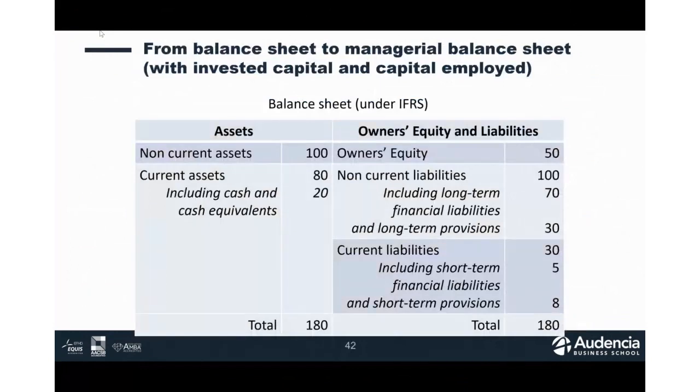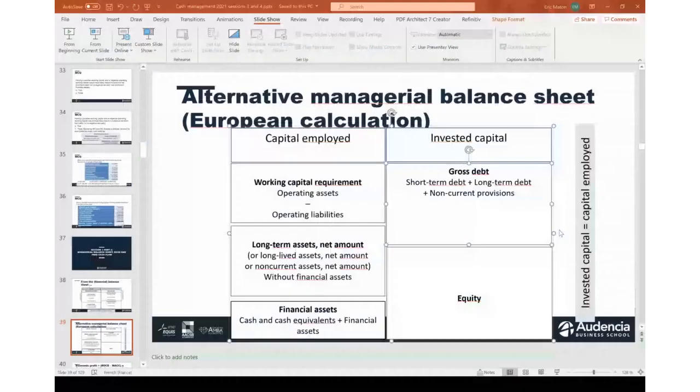The current assets are 80, including cash and cash equivalent for 50. On the other side, in the equity, we have 50. In the non-current liabilities, we have long-term financial liabilities, long-term provisions. In the current liabilities, we have short-term financial liabilities, short-term provision, and the rest. So it's not only this part we have inside the balance sheet.